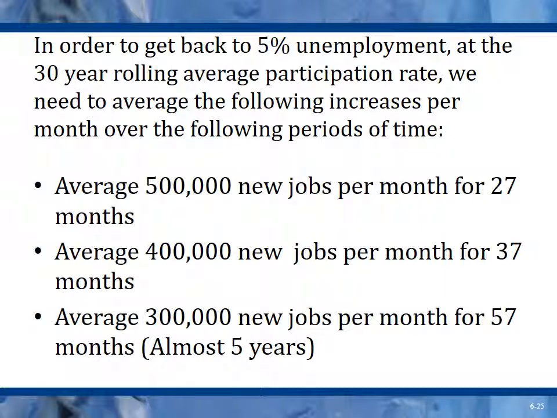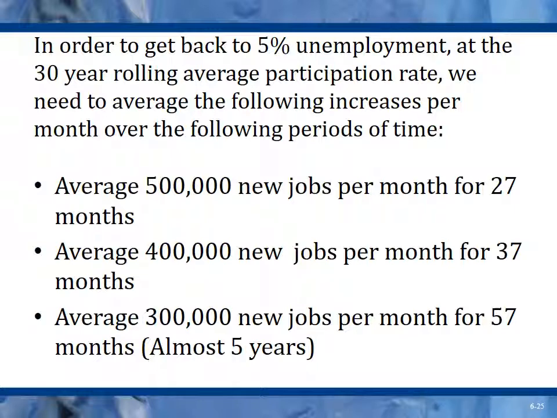In order to get back to 5% unemployment at the 30-year rolling average participation rate, we need to average the following increases per month over the following periods of time. So if we were to average 500,000 new jobs per month, and we've never had 500,000 new jobs in a month, we would still need to do it for 27 consecutive months to get back to 5% unemployment with our historical participation rate.